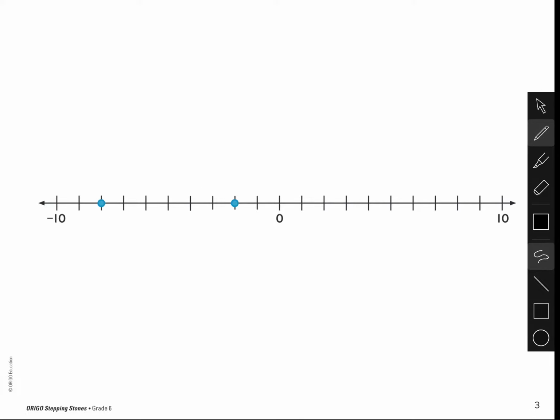What numbers are shown on this number line? Okay. Well, we know here would be -1, -2. And if we count the hops, -3, -4, -5, -6, -7, -8.